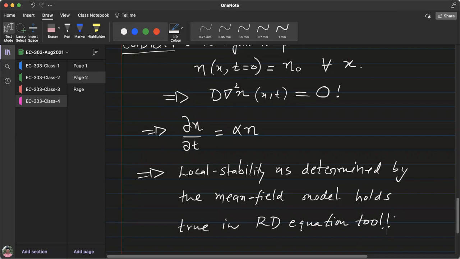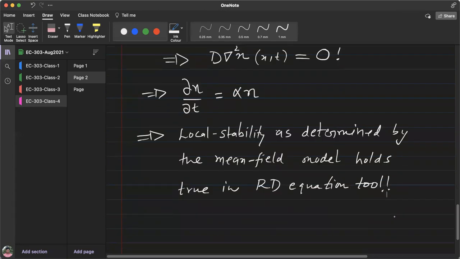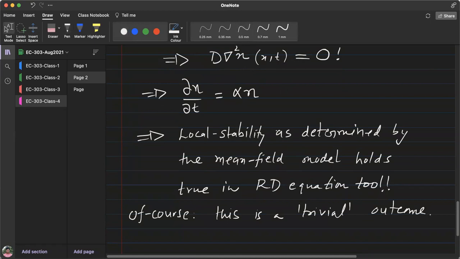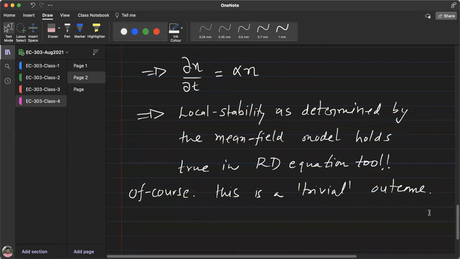So in a sense, this is a trivial outcome, because I have basically eliminated the role of diffusion entirely in the dynamics. Therefore, whatever we had in the mean field model will continue to hold.